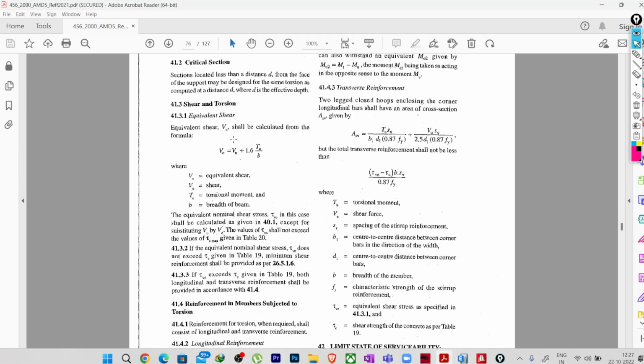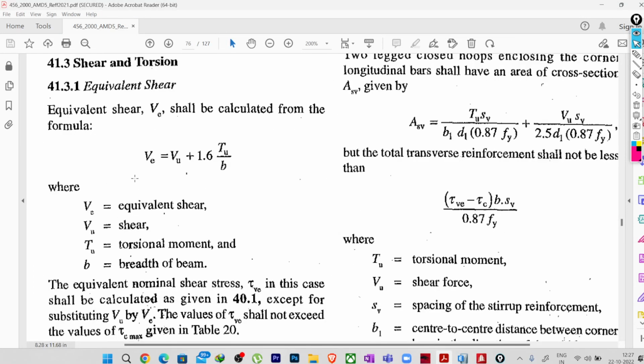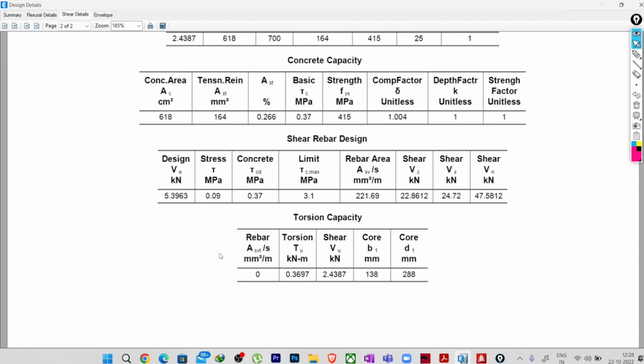Now here you can see we have another formula to find the equivalent shear also. This equivalent shear equals VU plus 1.6 TU, where TU is the torsion, divided by B. So let us see in details what we have got.